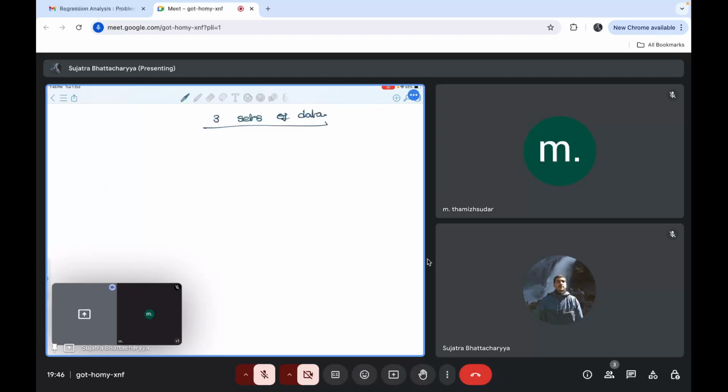Okay. So for three sets of data, there must be two dummy variables. I just write quickly. You can understand everything. So y is equal to x naught beta naught plus beta 1 x plus z1 gamma naught plus gamma 1 x plus z2 delta naught plus delta 1 x plus etc. Right?